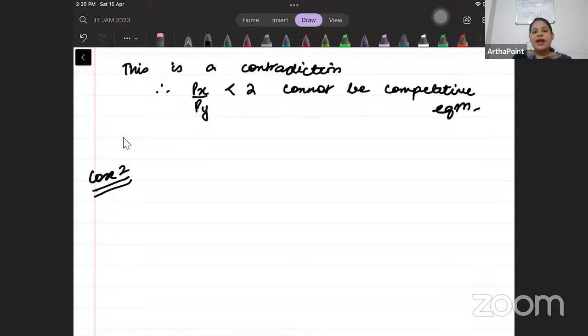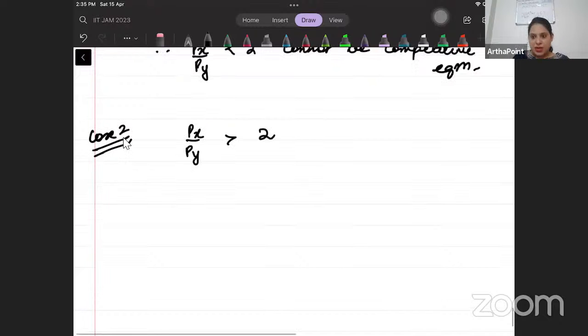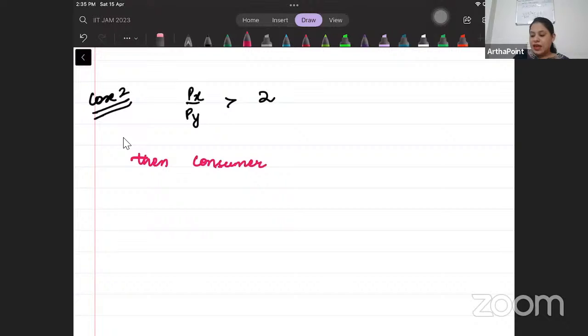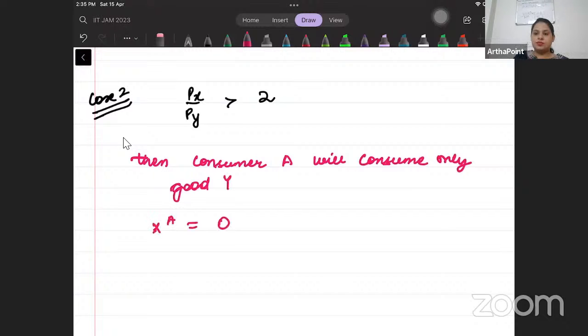Okay. In case 2, we take px by py greater than 2. But if px by py is greater than 2, then consumer A will consume only good Y. So demand of good X by A will be 0.